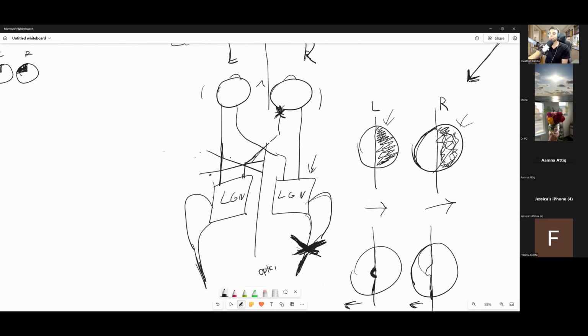The optic chiasm can get compressed in any patient who has a tumor arising from the brain. It starts to push forward towards the optic chiasm. Now, this optic chiasm is below this level.